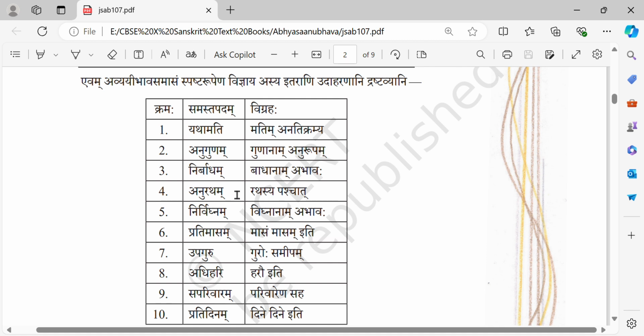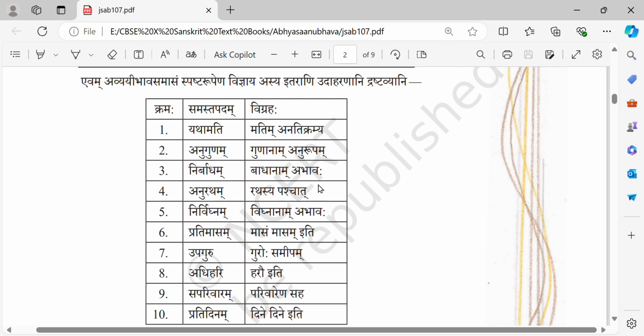Nirbhadam. Badhanam abhavaha. Abhavaha means no, without or devoid of scarcity. Badha means pains, troubles, sorrows. In any meaning you can take badha. Now, badhanam abhavaha, without troubles.